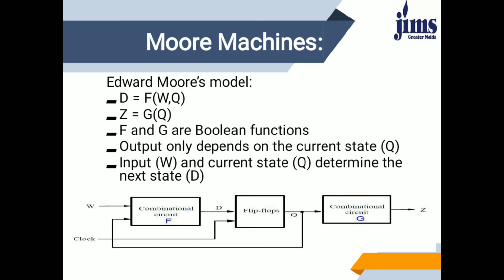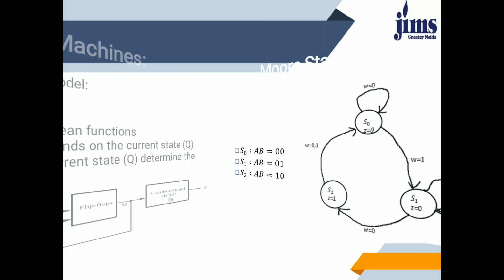First, we give the input to the combinational circuit F, which generates the output, that means the next state D. It changes the memory element, which generates the current state, which is again given to the combinational circuit G. This current state is also fed back to the input. In this way, the Moore machine works.